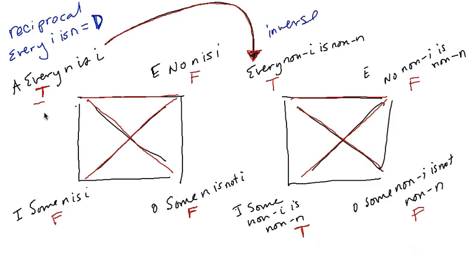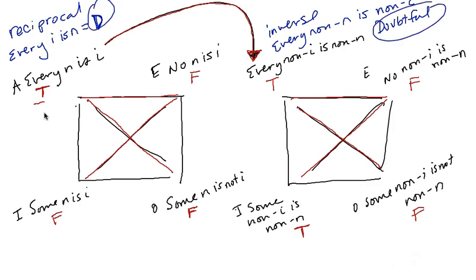The inverse was every non-N is non-I. And that also is doubtful. Here, let me take that off of there. Let's put it here. So now we have 10 possible answers, 2 doubtfuls, and all of these answers.